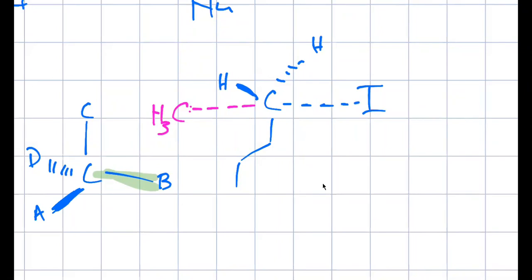And whenever the nucleophile comes in, this is how it attacks. It's always going to come from the opposite side of where your leaving group is. So this is my leaving group. This is my nucleophile.